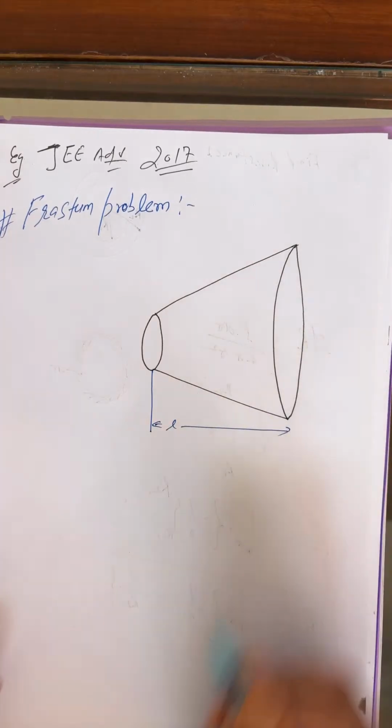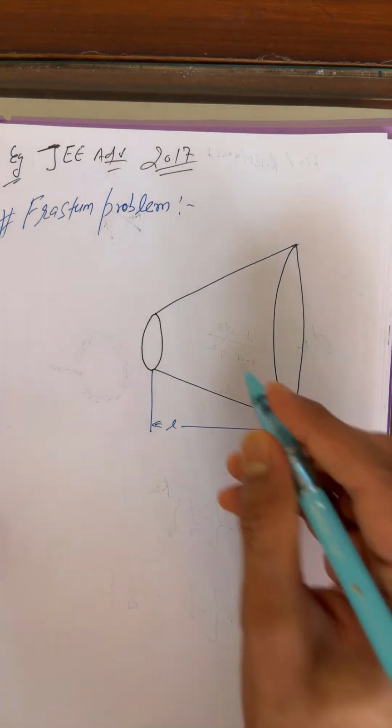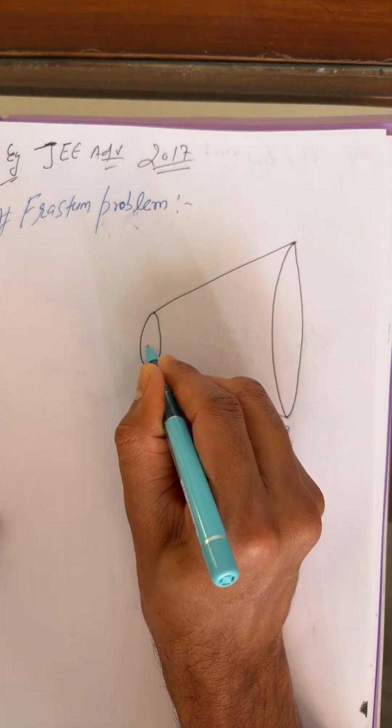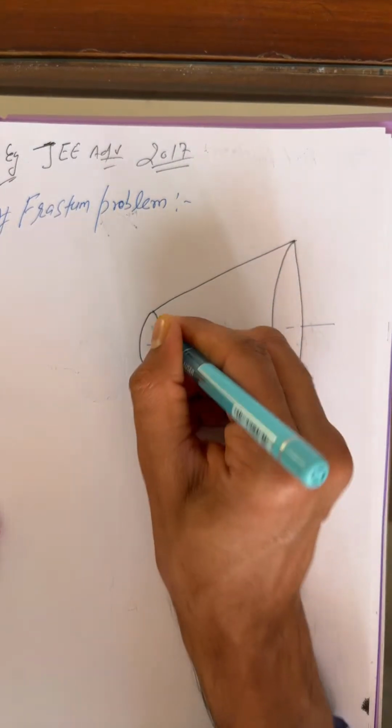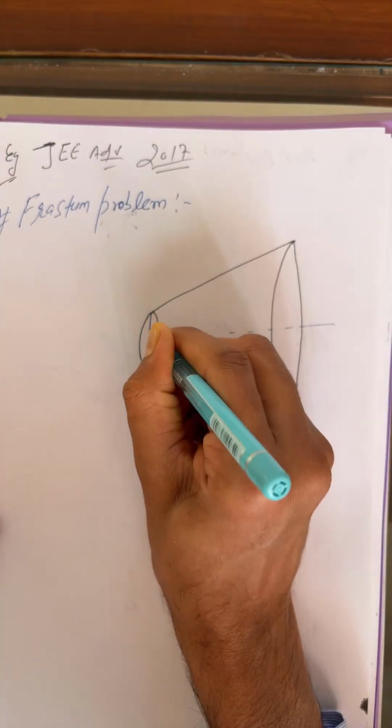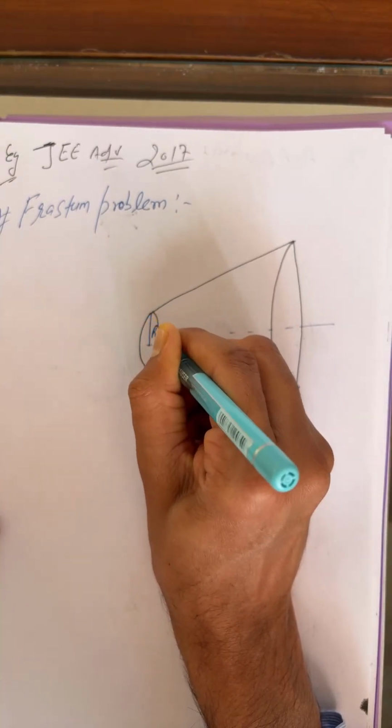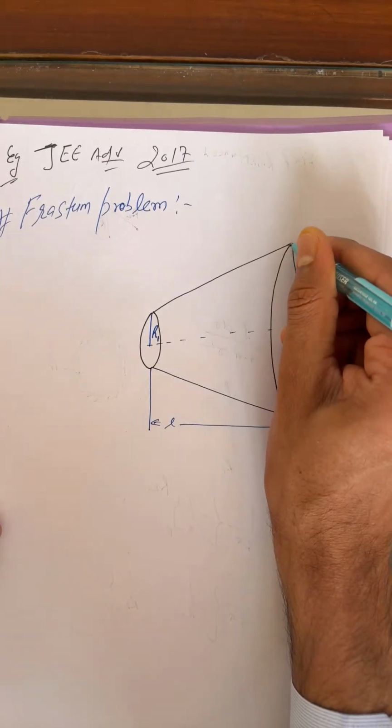The length. Here I can suppose to take the direction of flow of current. You can take this as R1.